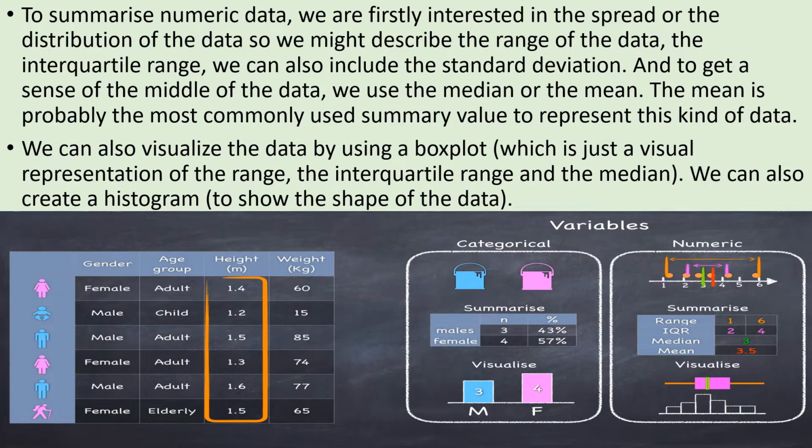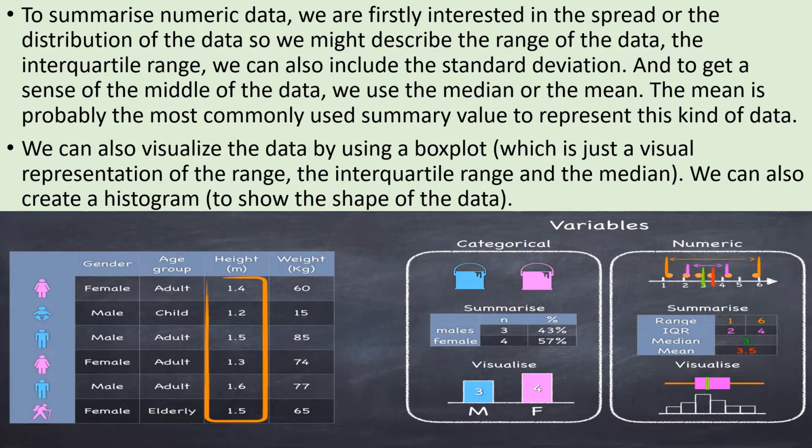To summarize numeric data, we are firstly interested in the spread or the distribution of the data. So we might describe the range of the data, there you can see the orange lines on the sides of the number line, and the interquartile range, which is basically those purple lines.